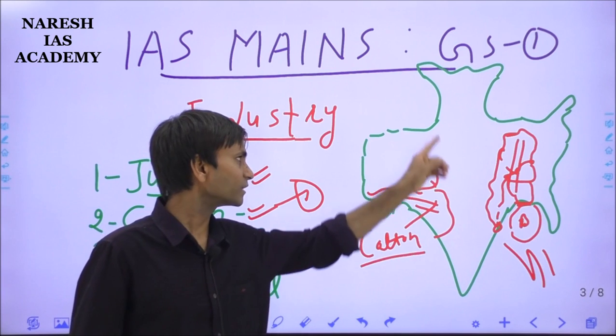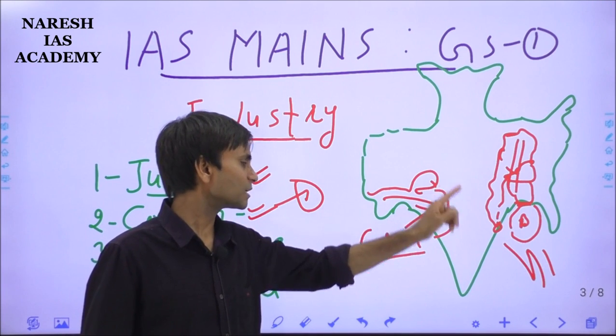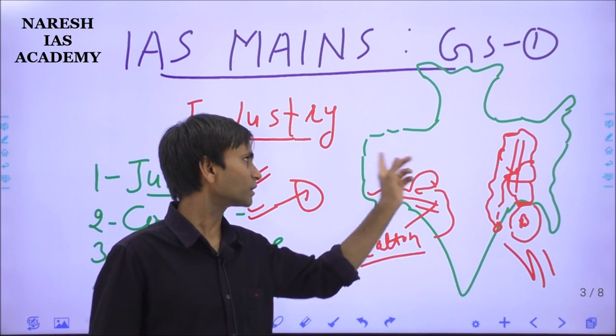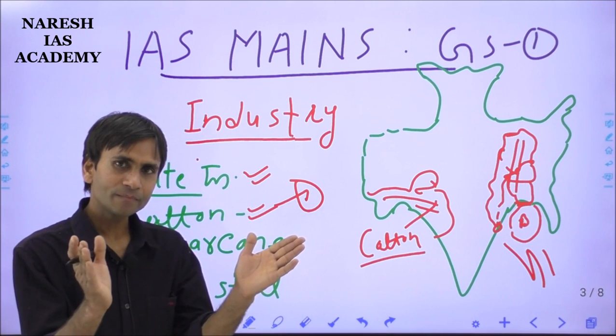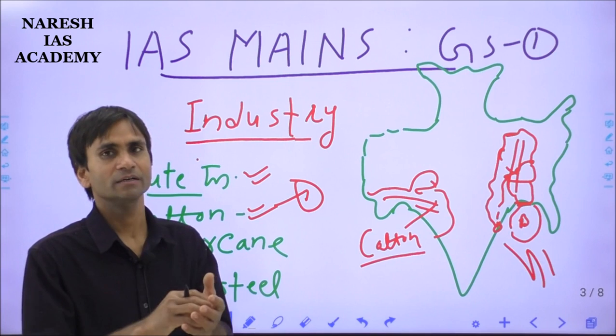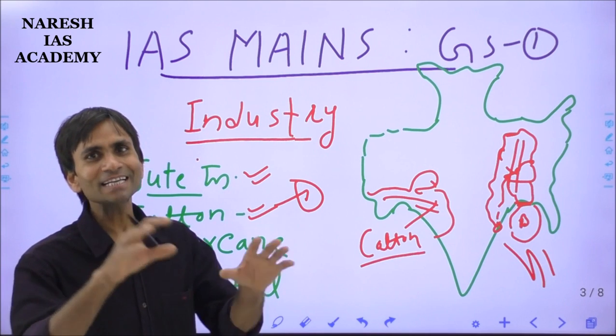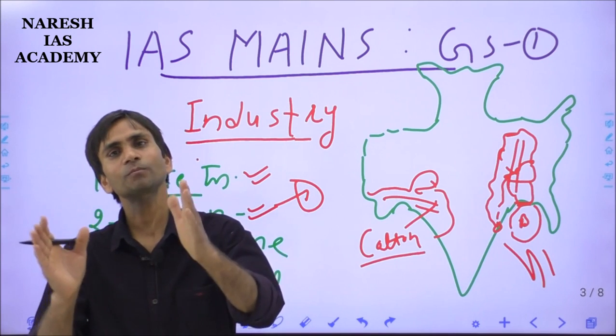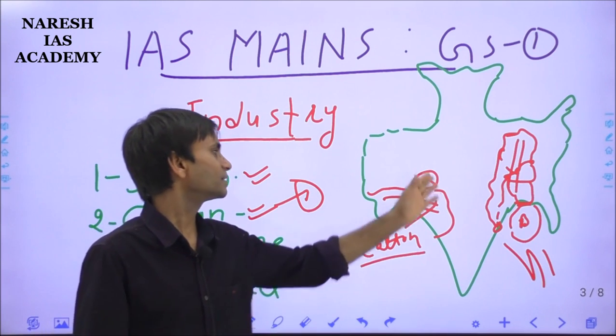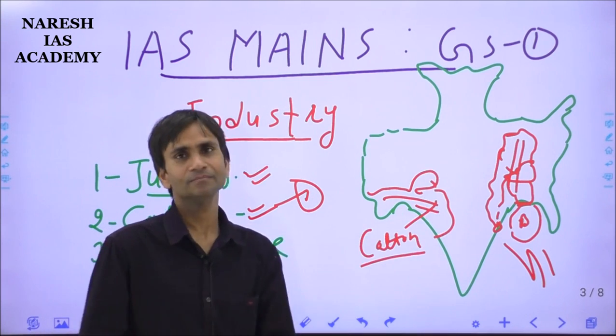It is mostly in Uttar Pradesh, Jammu and Kashmir, Punjab, Haryana, Tamil Nadu and different parts of the country. So there are two aspects: cotton production and the spinning sector are centralized in this area, while the weaving part of cotton is definitely outside the region.